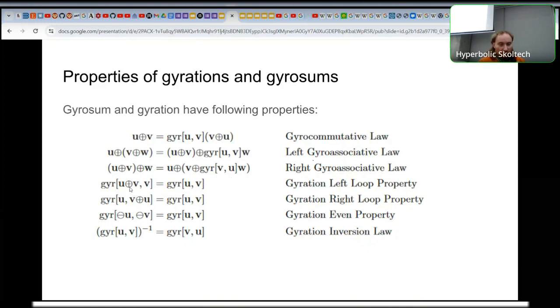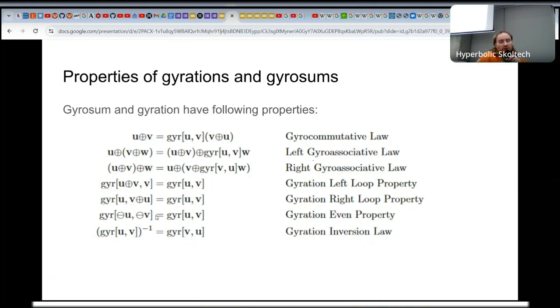Also about how to recompute some gyrator operators, like this one, like this one. So what is minus u and minus v here? These are just points opposite to u and v in the ball, or vectors.